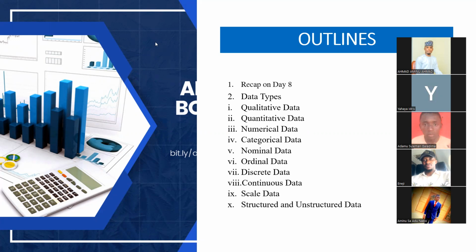If you are learning programming languages, you will come across different data types such as string, Boolean, float, and others. We are not talking about data types that have to do with programming languages. We're talking about the statistical data types that data analysts are supposed to learn and know about. That's what we are discussing today.